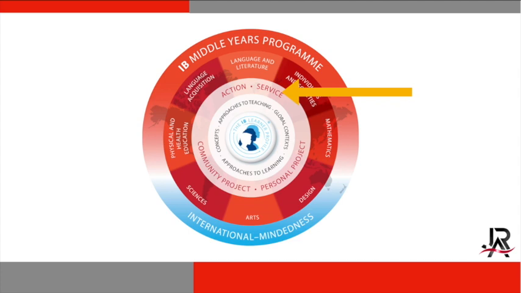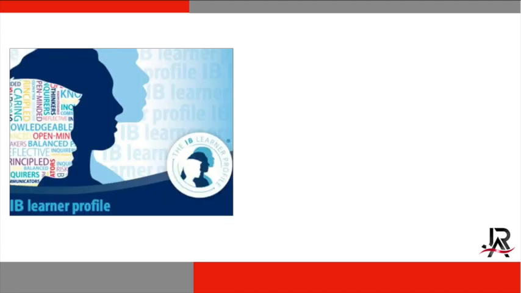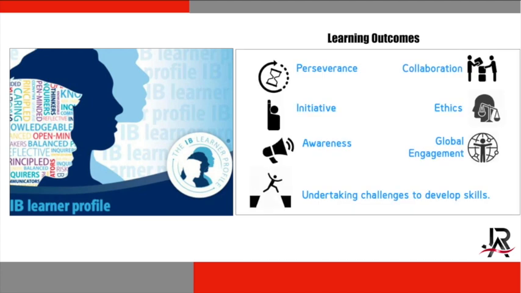Service as action in the MYP has strong connections with the IB learner profile. You may wonder how service as action can help you fulfill the attributes of the IB learner profile. And the answer to this question is a series of learning outcomes that you have to target in your service experiences.